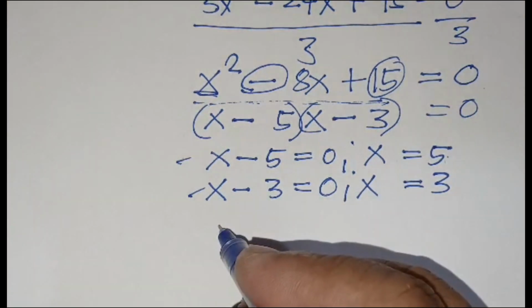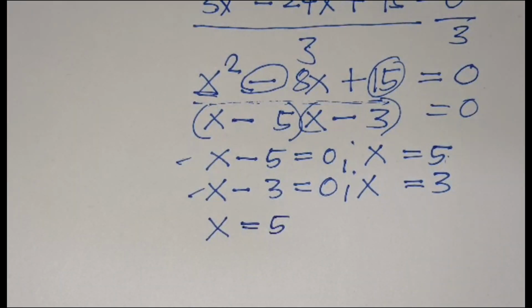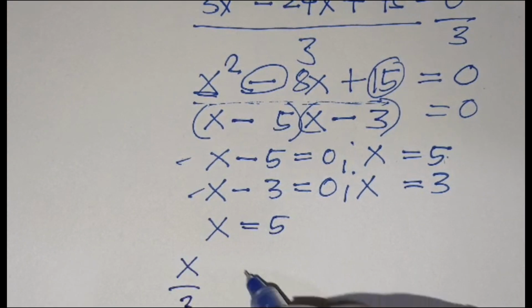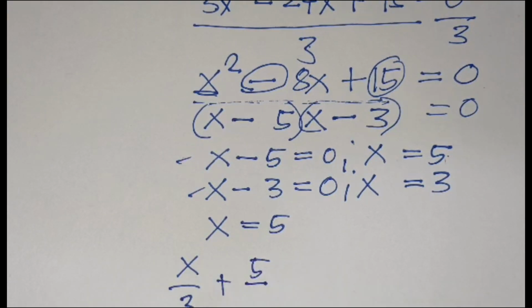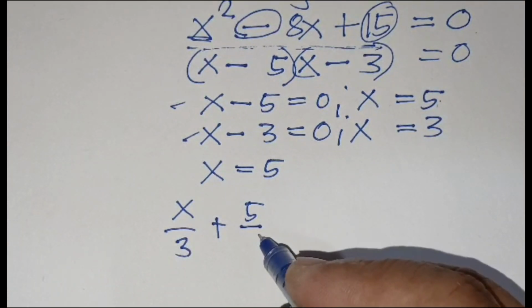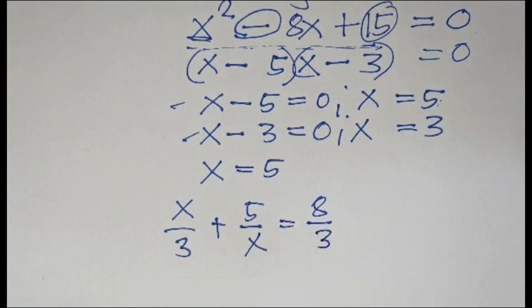We try x is equal to 5. We substitute this in the original equation. We have x over 3 plus 5 over x is equal to 8 over 3.